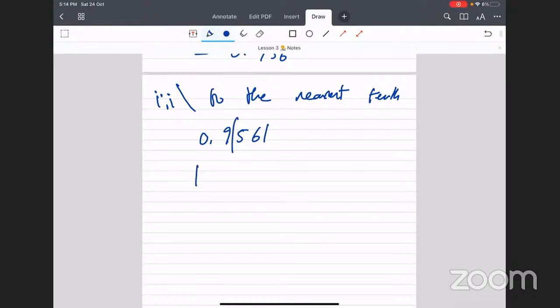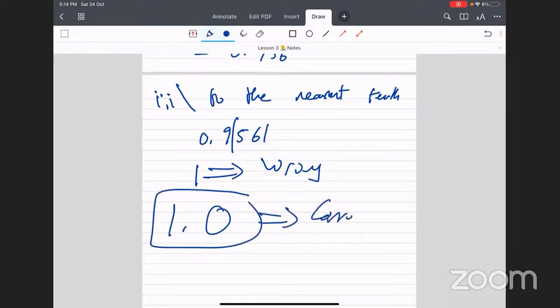It must be 1.0, correct? 1 is wrong. It must be 1.0. Don't forget the 1.0. Yeah, you wrote it correctly, but I wrote it incorrectly. So it's 1.0.